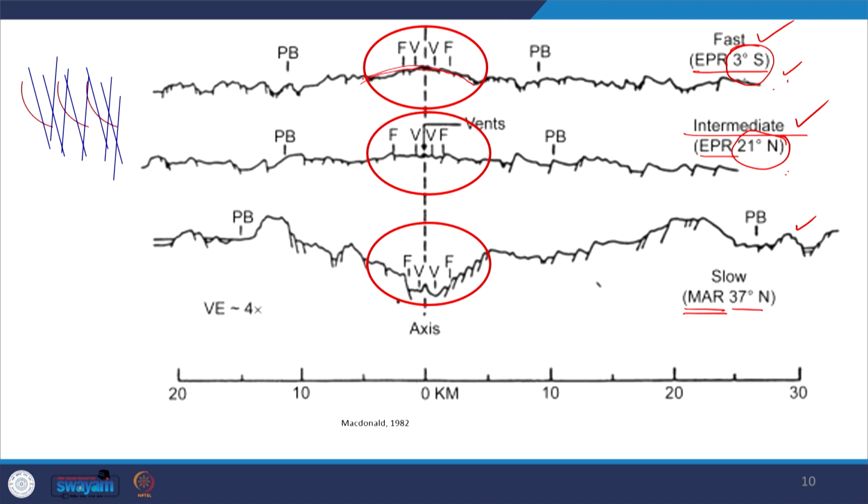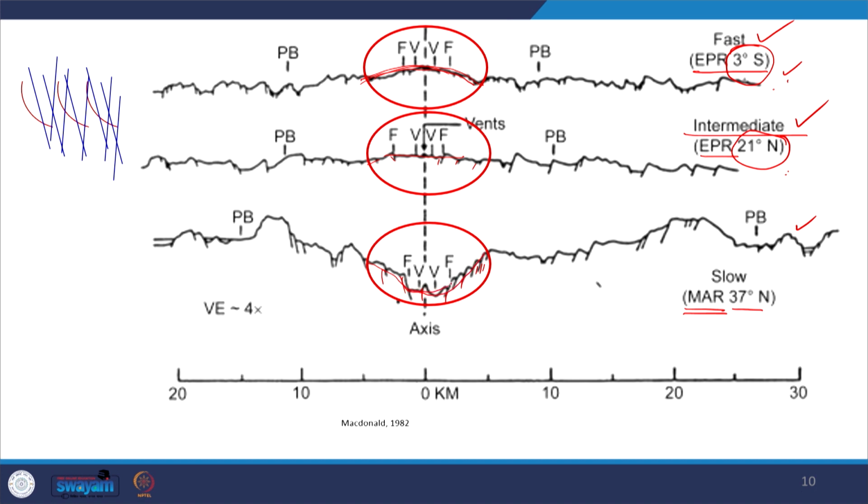If you compare this topographic profile around the plate boundary zone, it is smooth here, and here relatively more roughness is added, and at the slow spreading rate you see how much roughness is added. Here it represents a positive structure, here it is near flat, without positive or negative, but here we get a negative structure.